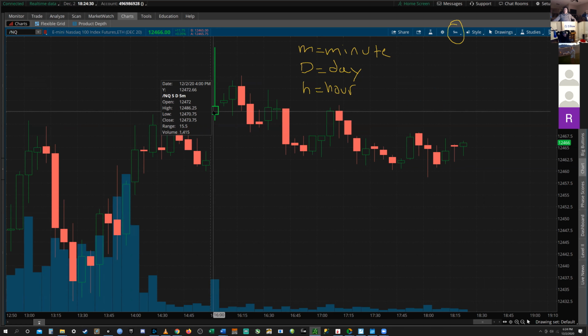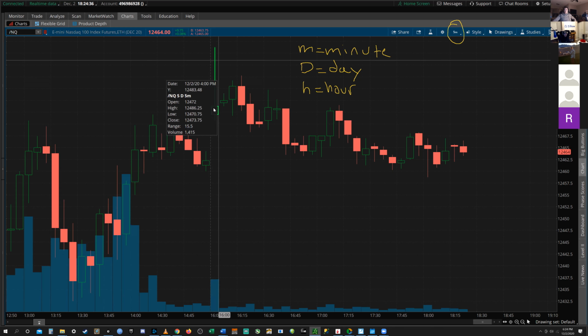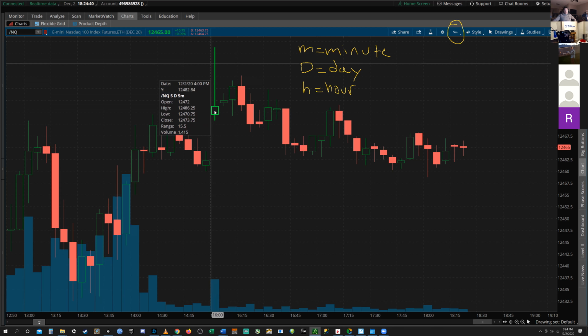Just looking at this, wow, there was a lot of action because this range is high, and that happened in 5 minutes. And just so you know, for NQ, each point is worth 20 bucks. So if the range was 15 times $20, that means this future contract fluctuated $300, and that's a lot.